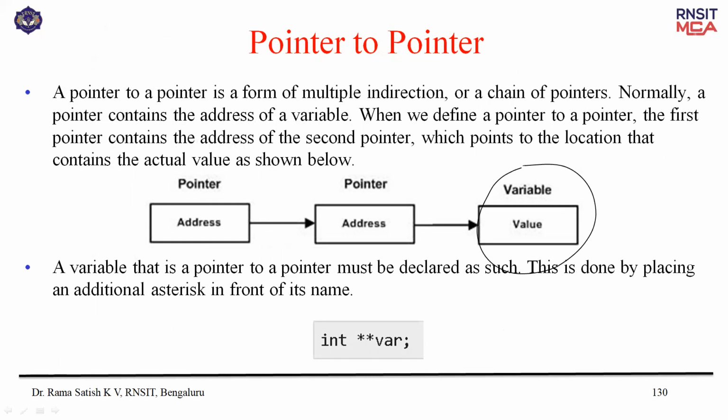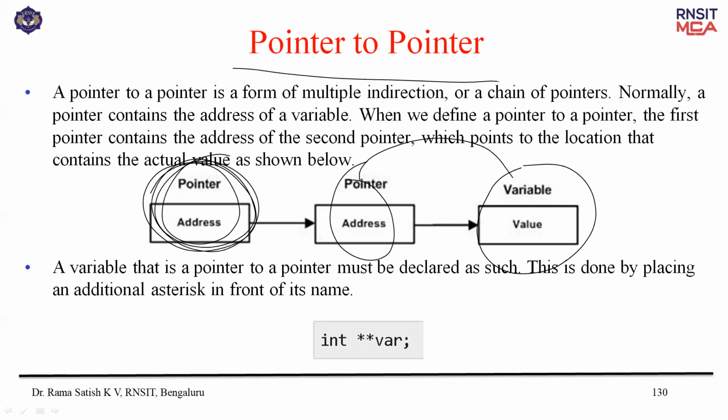And this pointer is again pointed to by another pointer. Since this pointer is assigned to another pointer, this concept you call pointer to pointer. A pointer to a pointer is a form of multiple indirection.